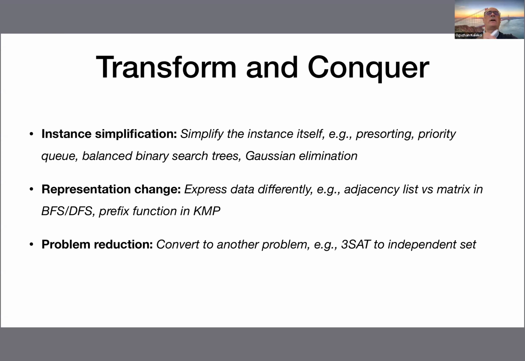And then once you solve that other problem, you know how to generate the solution for your own problem. This topic will be more deeply studied in the further lectures when we study NP-completeness and hard problems, intractability. Okay, but let me give you a very simple example.